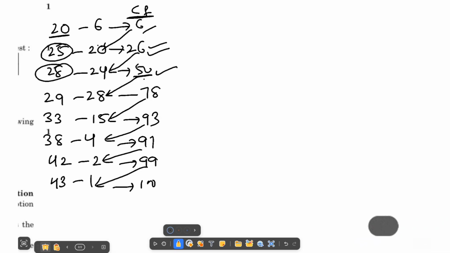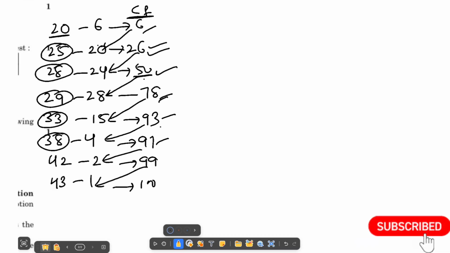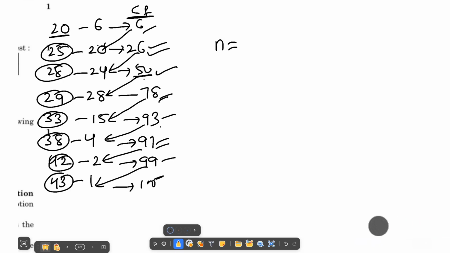From 51st to 78th, it is only observation 29. From 79th to 93rd, it is only 33. From 94 to 97, it is only 38. From 98 to 99, it is only 42. After 99, it is only observation 43. So here the total number of observations is 100.